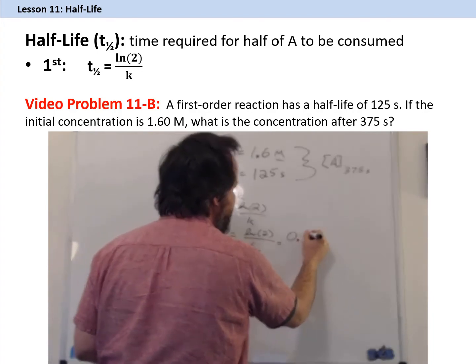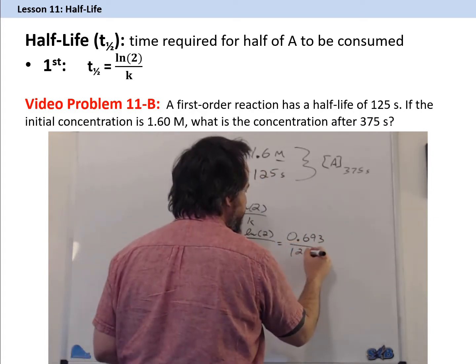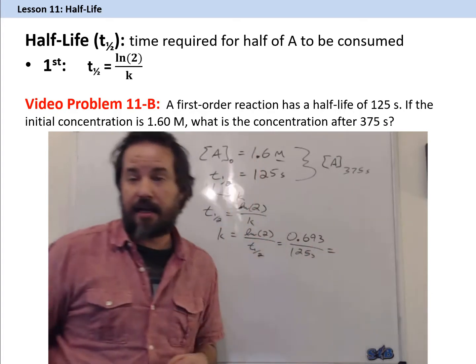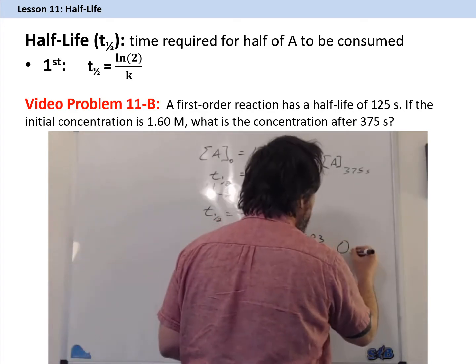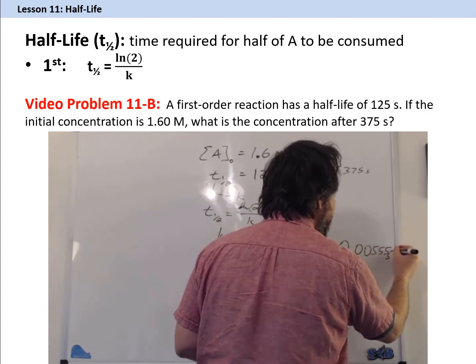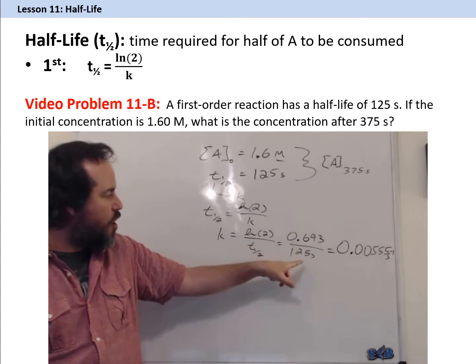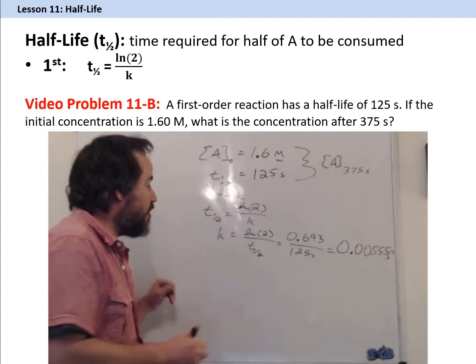That's 0.693 over 125 seconds. So that's going to get me my k value of 0.00555 seconds to the minus 1. Seeing that this is over seconds, this will be seconds to the minus 1. That is my value for k.